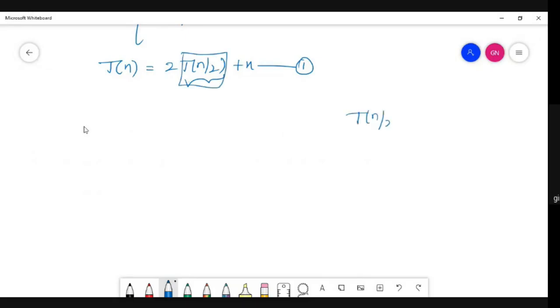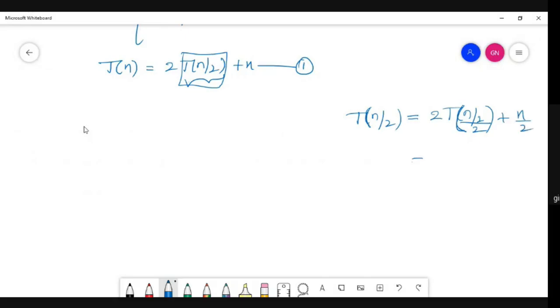What is T(n by 2) for me? When the problem was n, it was twice of T(n by 2) plus n. Then T(n by 2) is twice of T(n by 4) plus n by 2. Just replace your n with n by 2. This is how you get it.